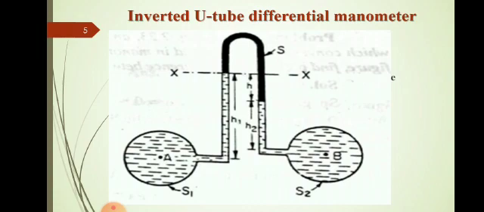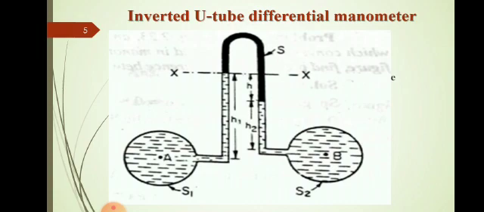Similar to the other derivation, here also you have two pipelines, and the center points are marked as A and B. S1 is the specific gravity of the liquid in the first pipeline, and S2 is the specific gravity of the liquid in the second pipeline.